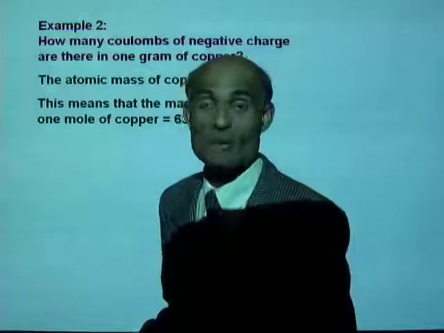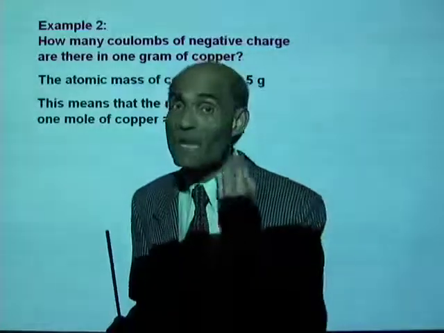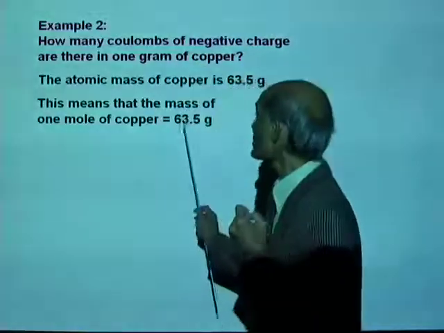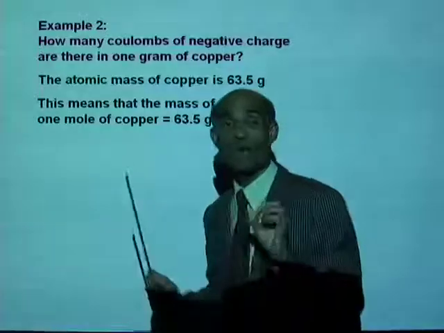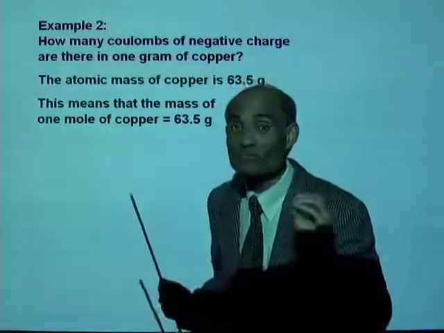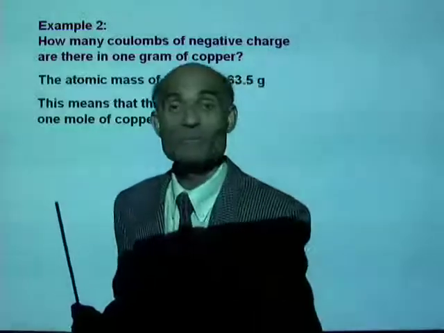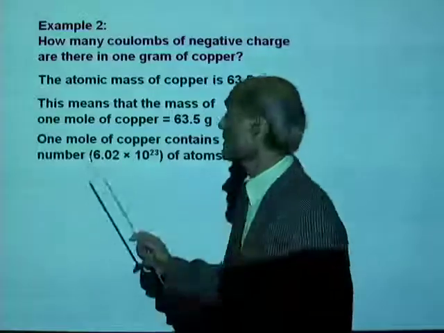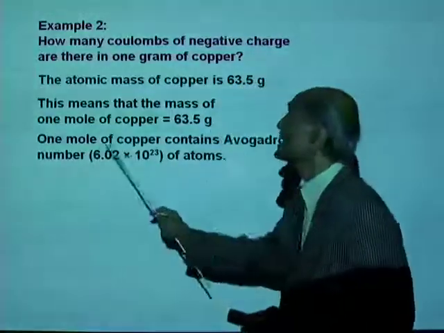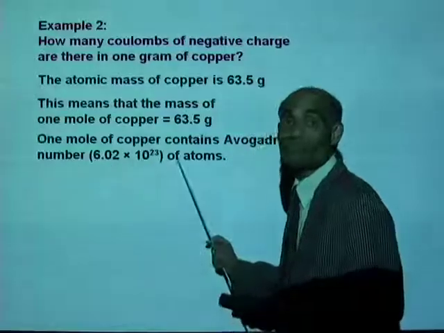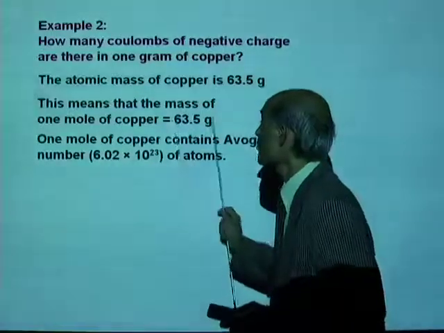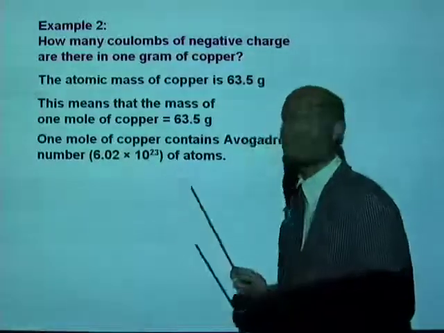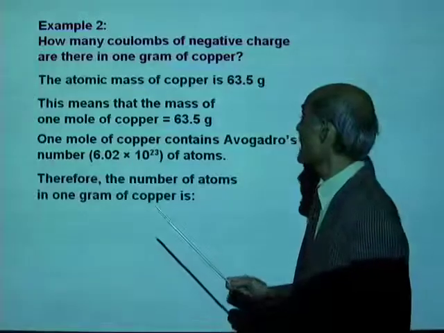63.5 gram. And 1 mole of copper contains how many atoms? Avogadro number of atoms. That means 63.5 gram of copper contains Avogadro's number of atoms. And what is that number? 6.02 times 10 to the 23. That means 63.5 gram of copper contains 6.02 times 10 to the 23 atoms.